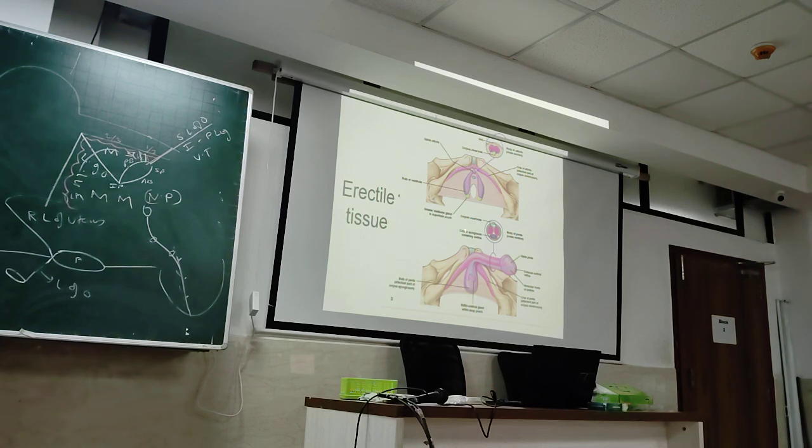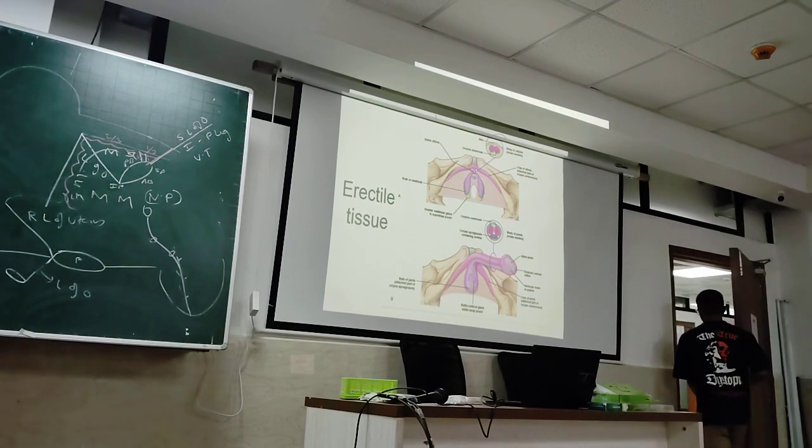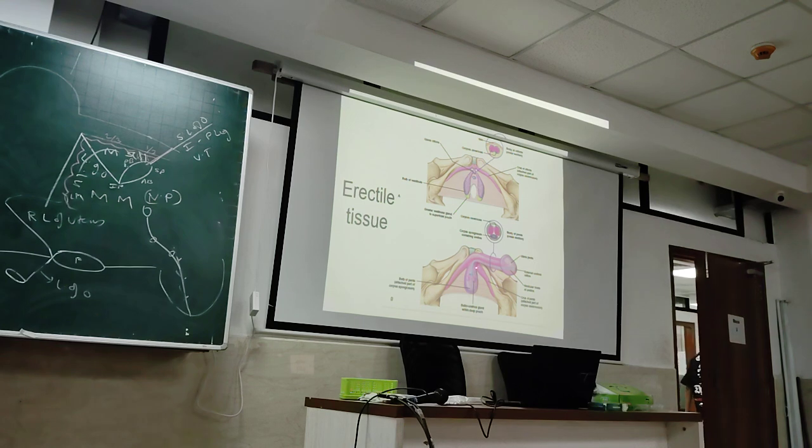And around the vagina and forming the bulb of penis is the other erectile tissue, the bulbovestibule, the bulb of penis. The bulb of penis continues into the body of penis and also forms the whole of glans penis. The crus penis stops before the glans penis.